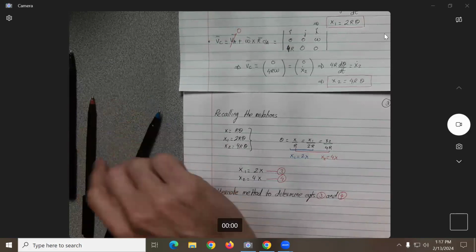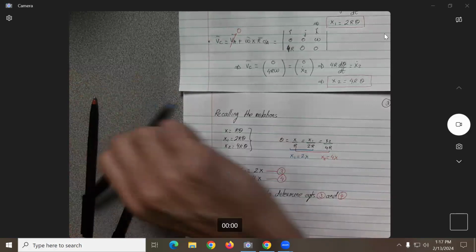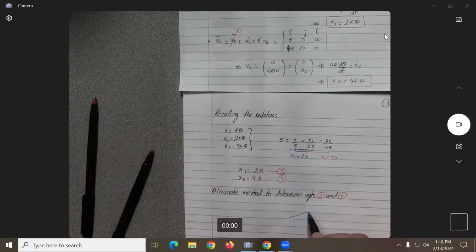You're going to tell me it's a lot easier. I agree. But if you understand, what could we do? What do you think I'm going to do? What could we use? We could use similar triangles, no? You have B, so C, B, O, and A, no?